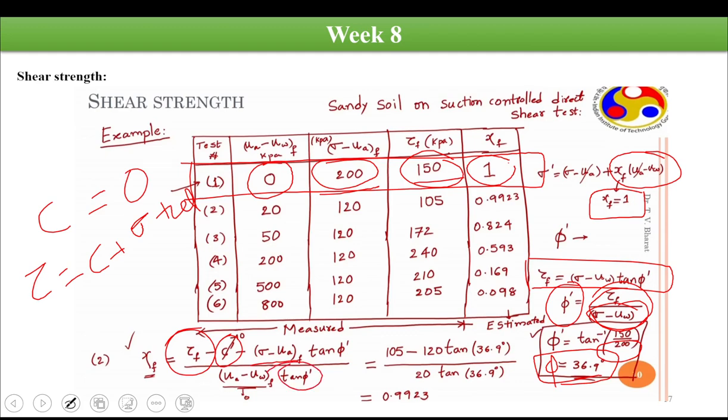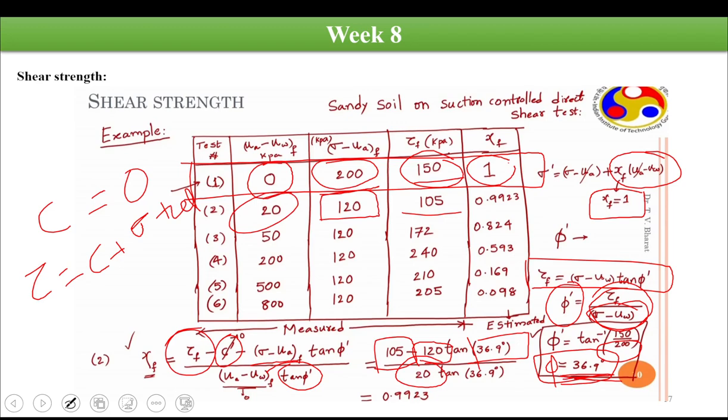The value of tau f, let's say for the second reading, is 105, and c dash is 0 as it is a sandy soil, and sigma minus ua for this is 120, and the value of phi we have determined is 36.9 degrees. At the bottom, in the denominator, we will write the value of ua minus uw as 20 tan 36.9 degrees.